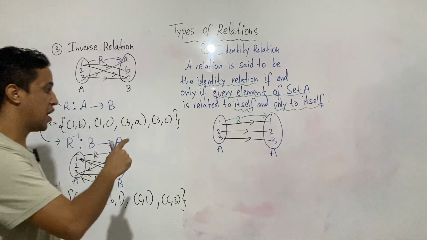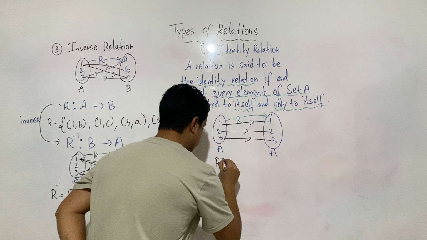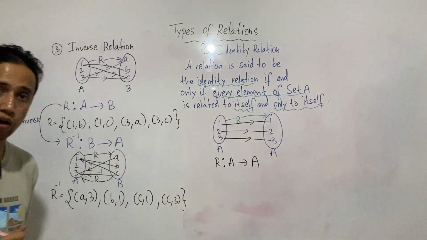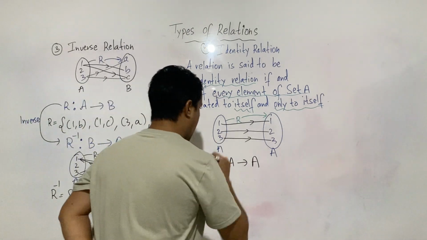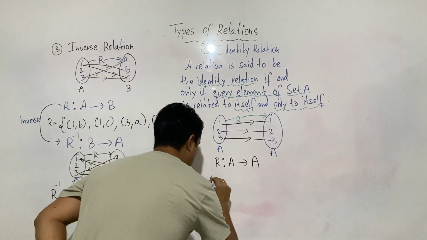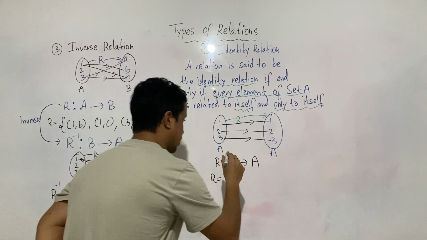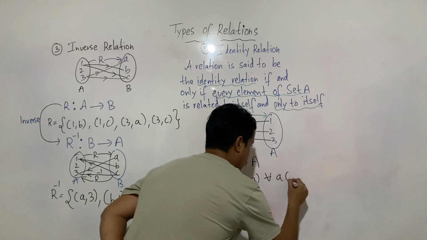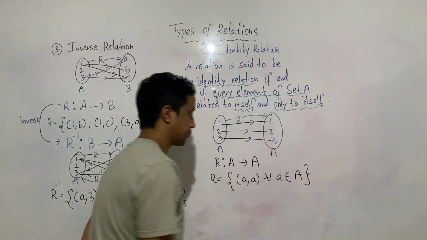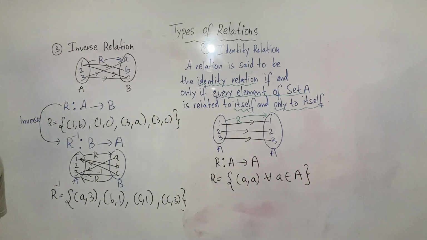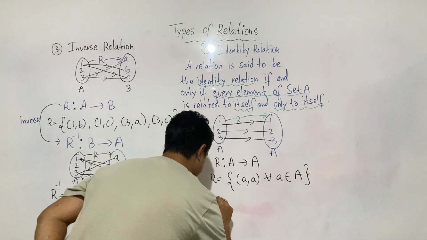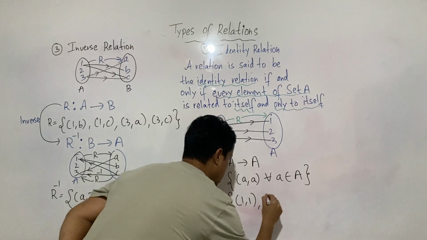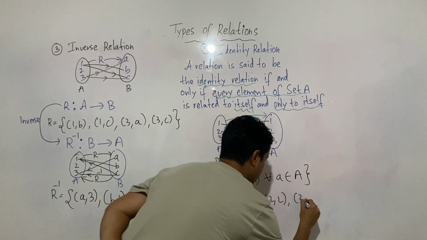Understand? So if R is a relation on set A, then I can say that R is going to contain the ordered pair (a, a) for all a belongs to A. I hope you agree with it. So here, if I pair, it's going to be (1,1), (2,2), and (3,3).